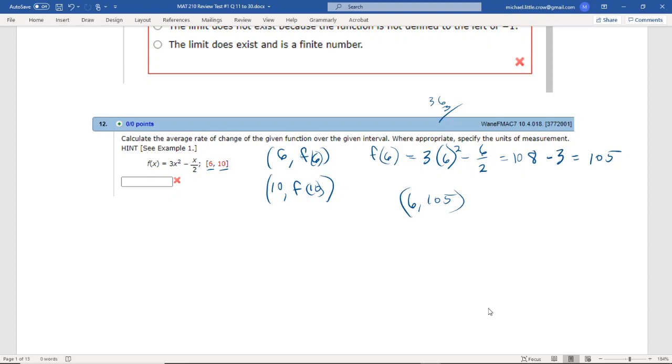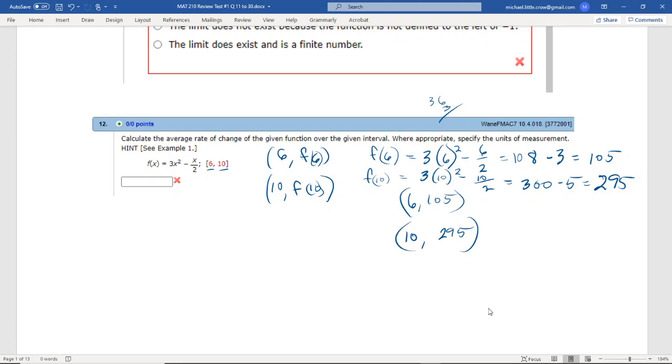Plug in 10, and what is f of 10? It's 3 times 10 squared minus 10 over 2. That's 100. 100 times 3 is 300. 10 over 2 is 5. So that's 295. So our other point is 10 comma 295.